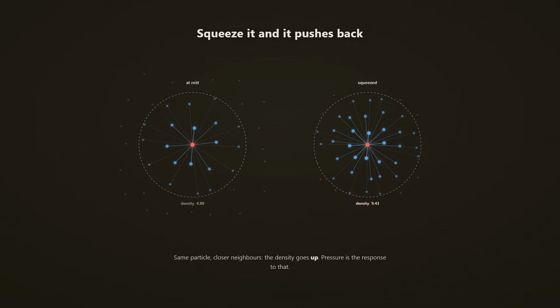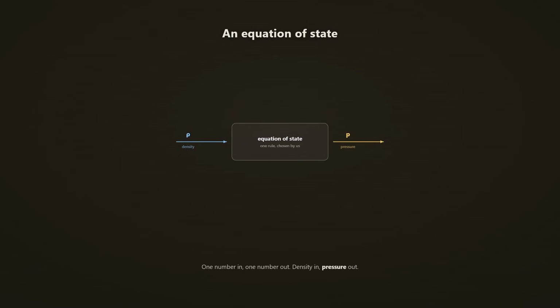Okay, so what is an equation of state? The rule is called that. It takes one number and returns one number, and this is typically density in and pressure out. An incompressible solver calculates a pressure field that cancels the compression exactly, right? That's really accurate.